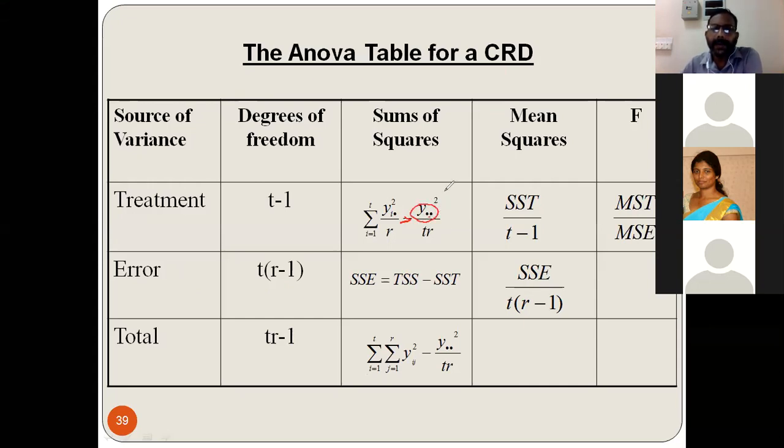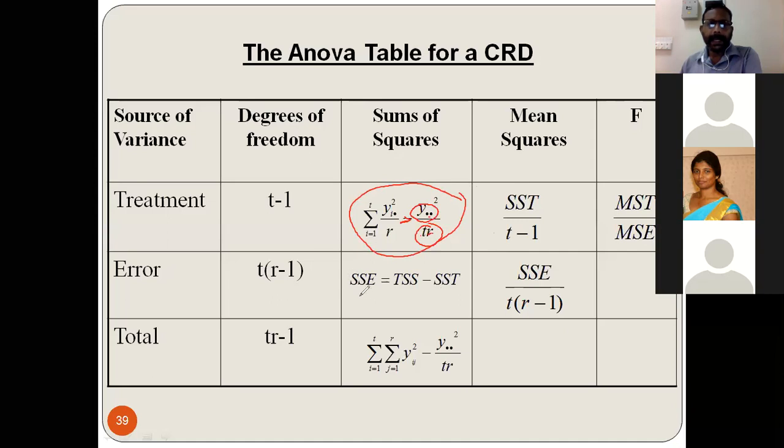So grand total square divided by tr, number of treatments multiplied by number of replicates. Clear? So this is the formula that we will use.